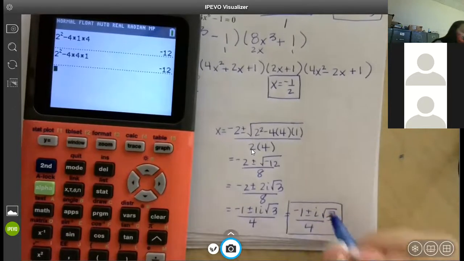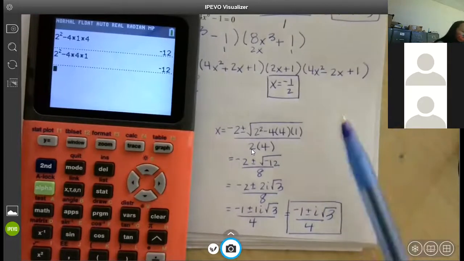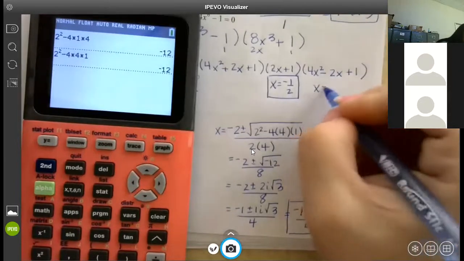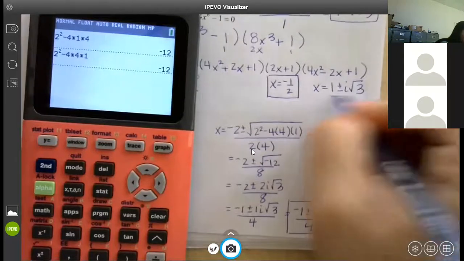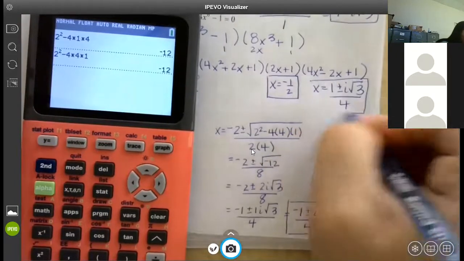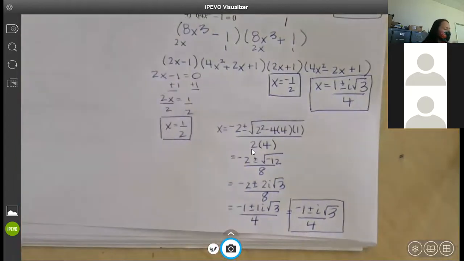So there's 2 more of your 6 solutions. The only thing that's going to change on this one is it's going to give you a positive 1 plus or minus i square root of 3 over 4. There's your 5th and 6th solution. Don't do the work if you don't have to. Okay? And I am okay with that. So once you get that, you don't have to worry about it.